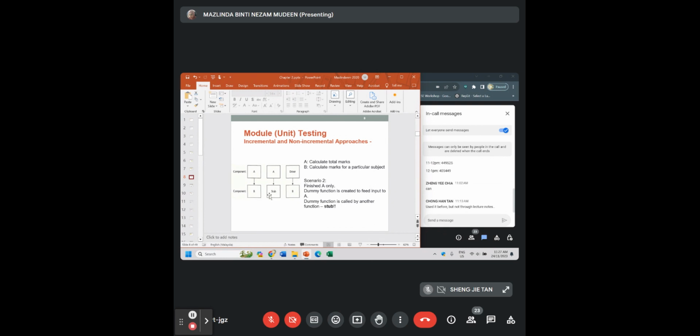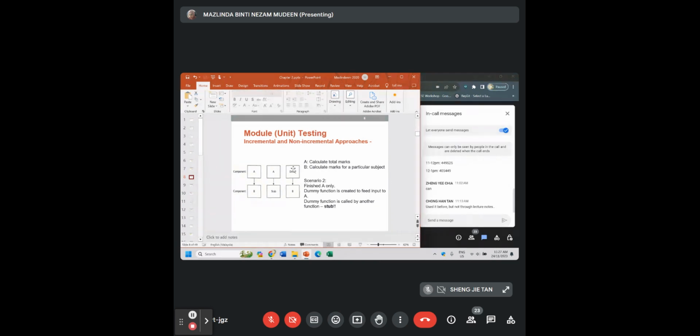It means a dummy code at the lower level so that component A can call the stub. The driver at the higher level will be calling the lower level code, while the stub is at the lower level and will be called by the higher level module.